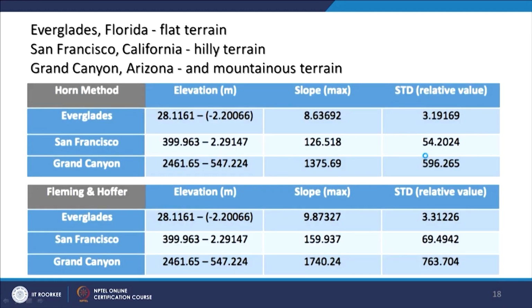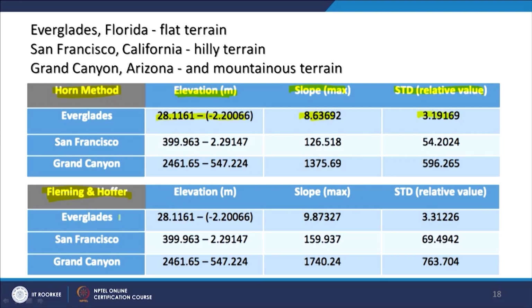Now, 3 examples are shown for different types of terrains of the USA, with 2 different methods, that is the Horn method and the Fleming and Hoffer method. As we see, when the elevation range is like this, the slope maximum is this, and the relative value is this.